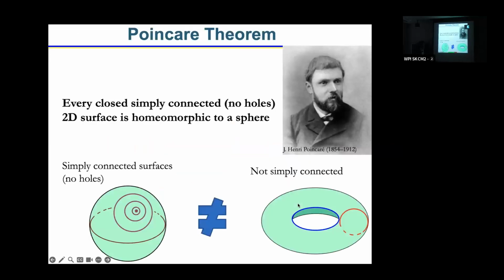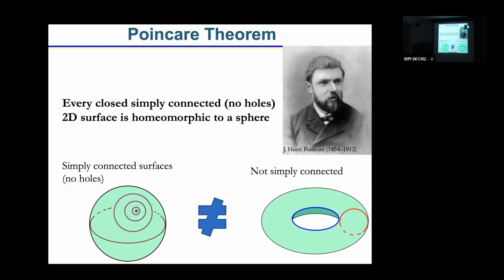So for many people, topology would be associated with topology of surfaces, right? We know that these types of objects in here have different topology of surfaces that can be characterized by genus or Euler characteristics.